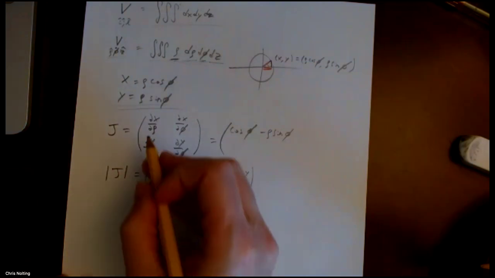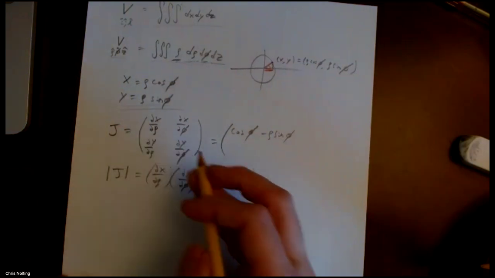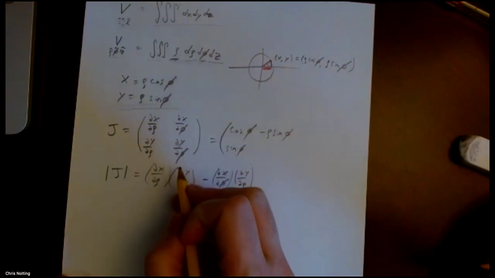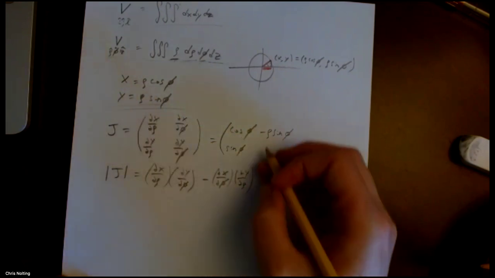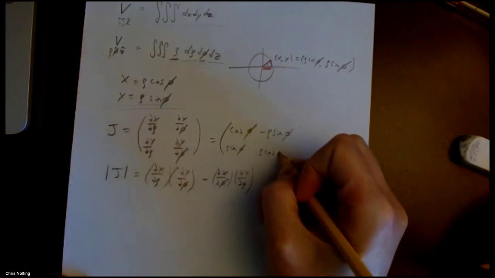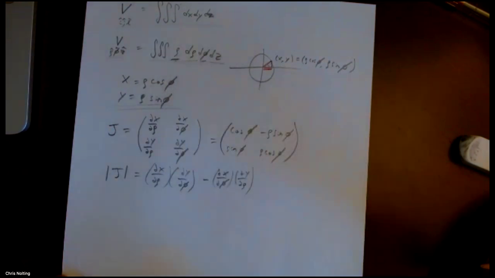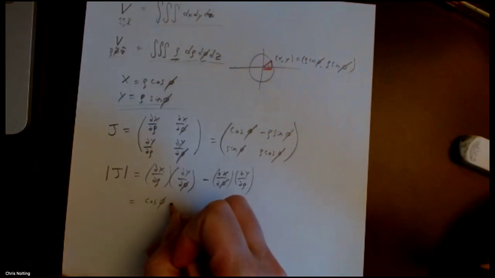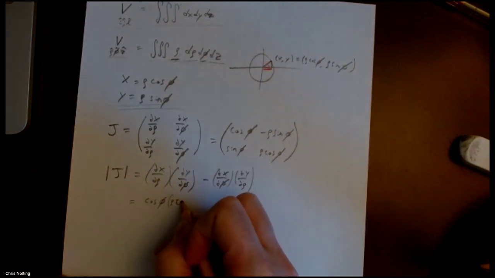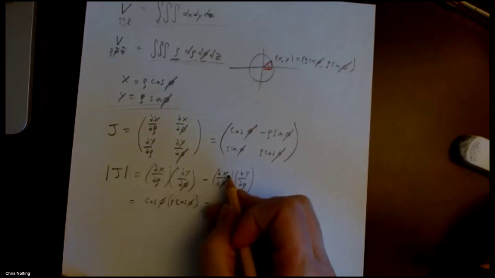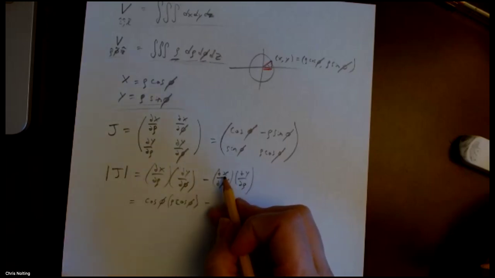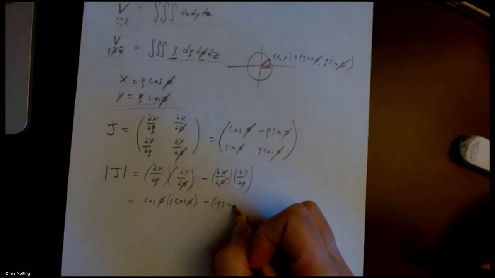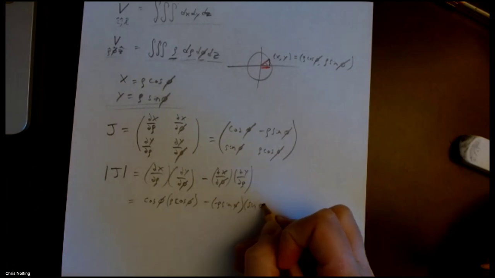Dy d rho is again sine phi, and then dy d phi, we have sine going to cosine. So when we evaluate this, we have cosine phi times rho cosine phi, minus dx d phi, which is minus rho sine phi, times another factor of sine phi.